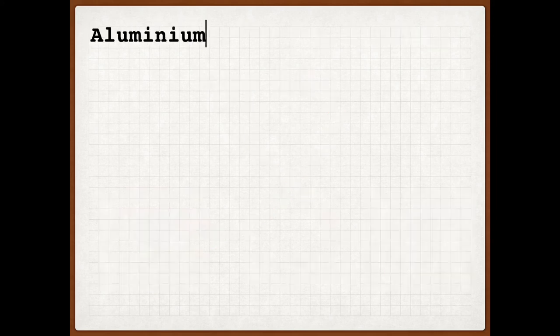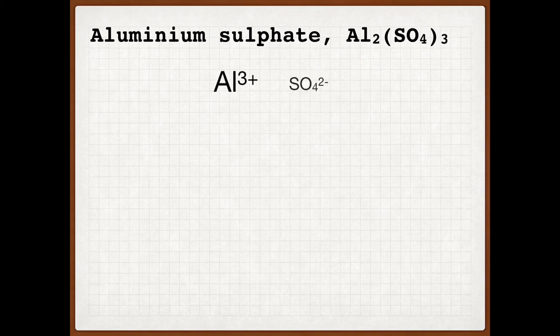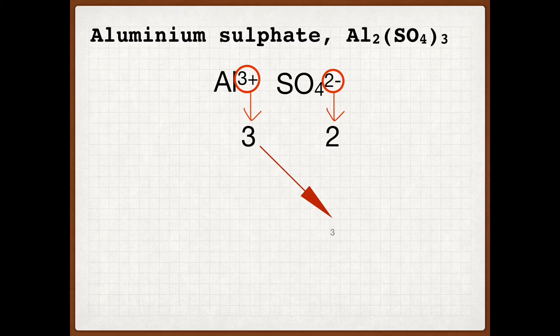Next, we move to aluminum sulfate. Involve aluminum ion and sulfate ion. Bring down the charge +3 and -2. Cross the number 3 and 2. So how many aluminum ion involved?